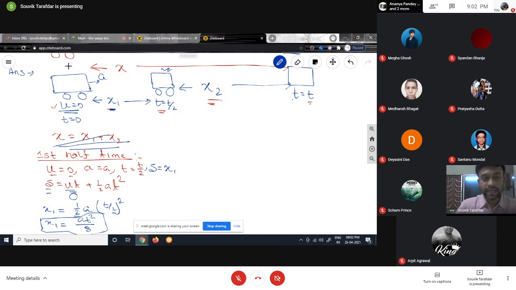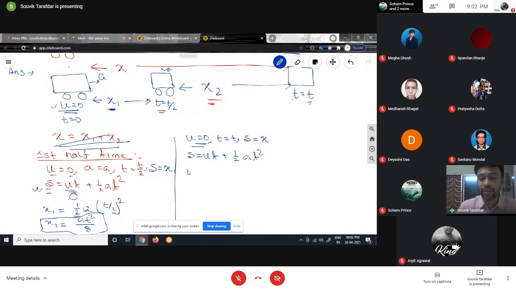Here the initial velocity is how much? 0. So we can write that u is equal to 0, time is equal to t, and displacement is equal to x. In that case, if we use the same formula, s is equal to ut plus half a t square, again this u will be 0.